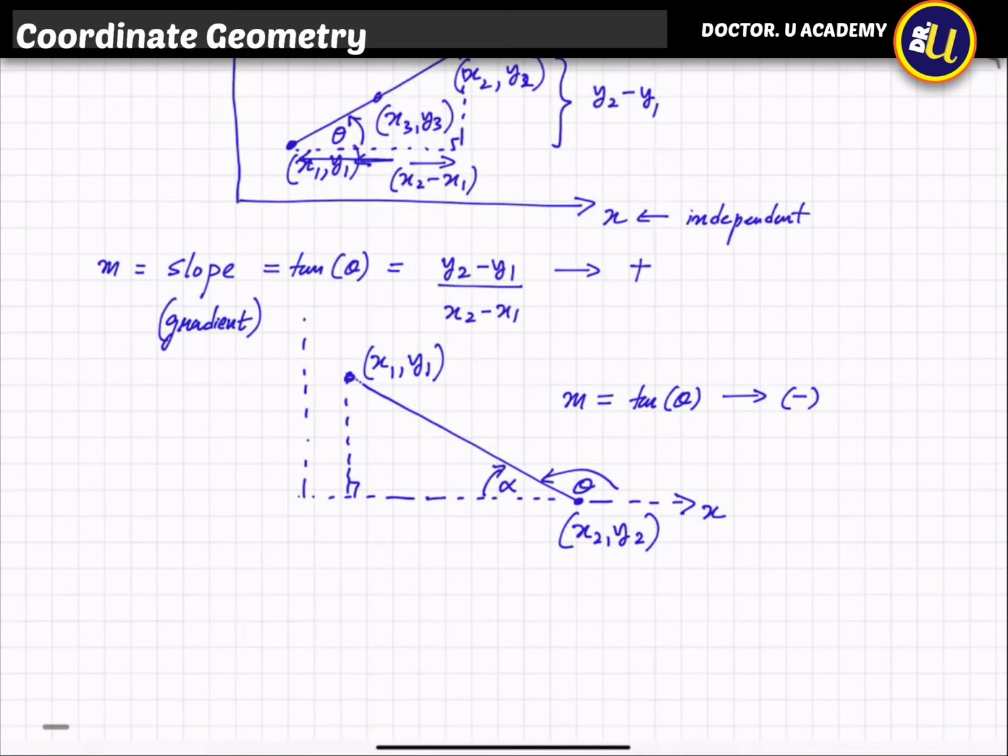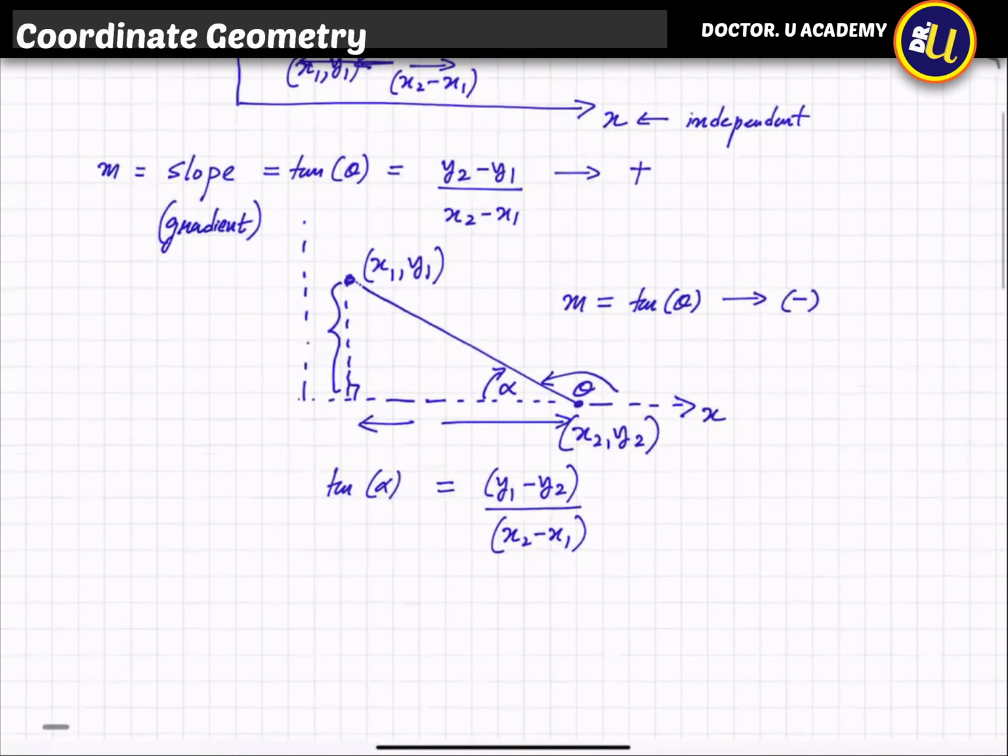So we find the alpha value, that would be tan alpha. Tan alpha would be this height, that would be y1 minus y2, divided by the distance here, that would be x2 minus x1, right?